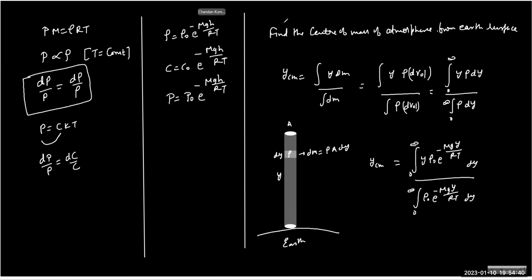So you can also find the height of the center of mass of Earth's atmosphere. So anyone who can do this integration? Rho naught will cancel out. So it will turn out to be, I think, RT by mg. Hopefully, that is the answer.